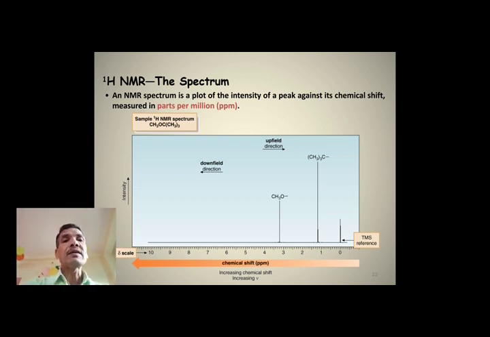An NMR spectrum is a plot of the intensity of a peak against its chemical shift. Now, the intensity of a peak is related to the number of chemically equivalent hydrogen atoms present. That means they must have an equivalent or similar chemical environment.